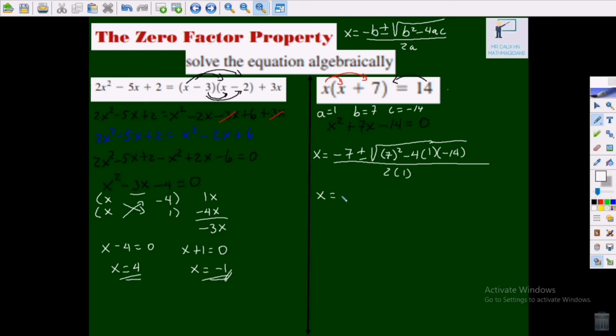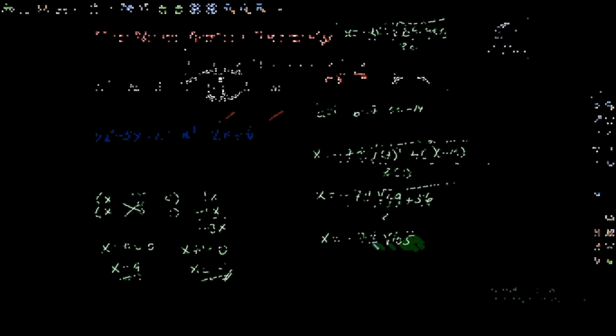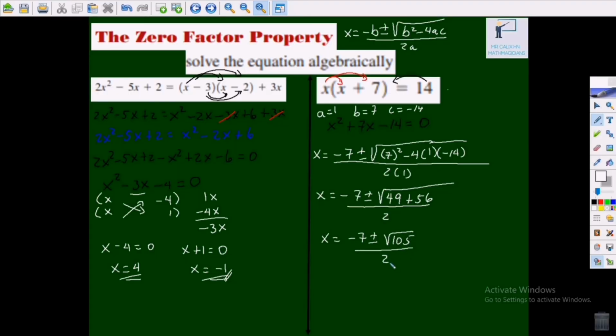If you evaluate, you'll have negative 7 positive negative square root of 7 squared is 49. And negative 4 times 1 times negative 14 would be positive 56 over 2. You add 49 and 56, x is equal to negative 7 positive negative square root of 105 over 2.